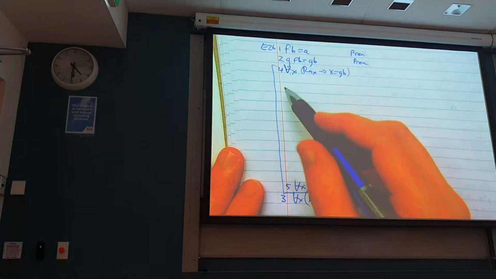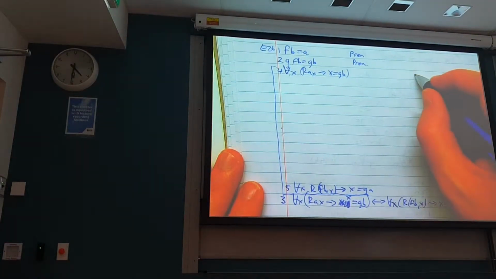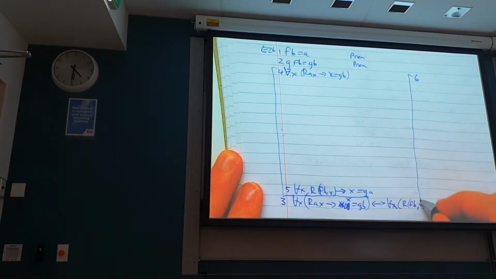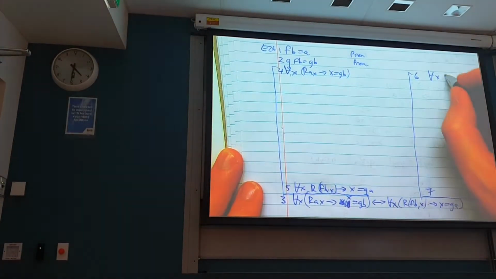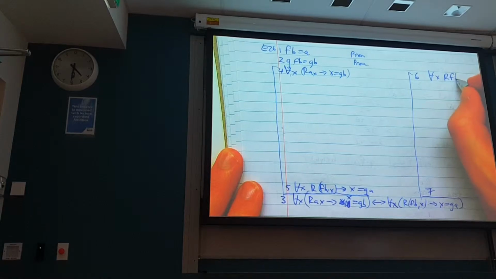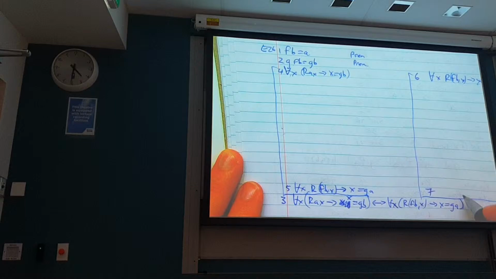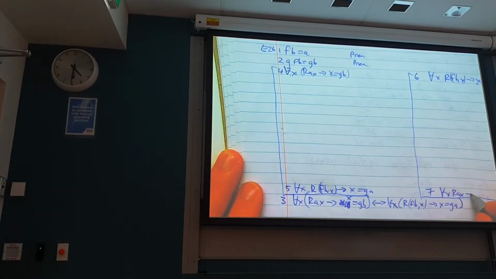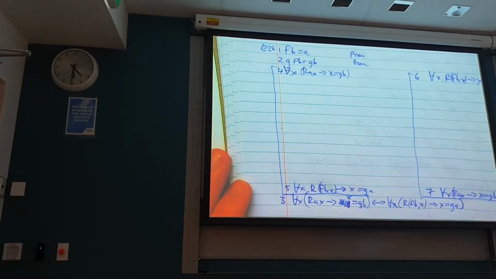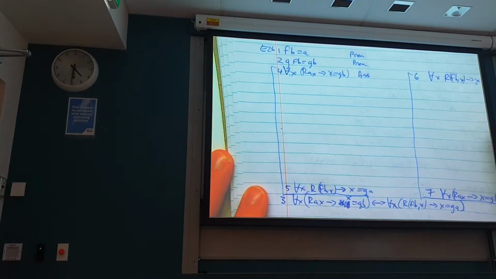Normally I'd go 4, 5, and then the other direction 6 and 7. I'm putting the other direction on the other side of the page because I don't know how long it's going to take. So it's just the two proofs side by side, laid out next to each other rather than underneath, but it's exactly the same proof. There's nothing meaningful in that except page management. So we need to prove, given one of them, the other, and given the other one, the first.